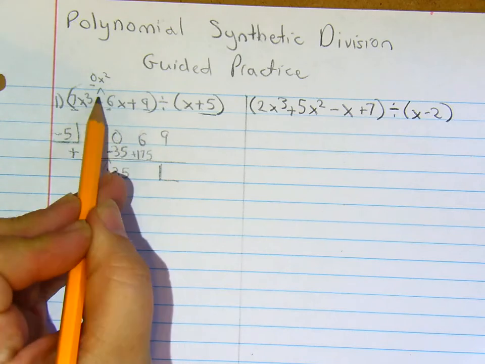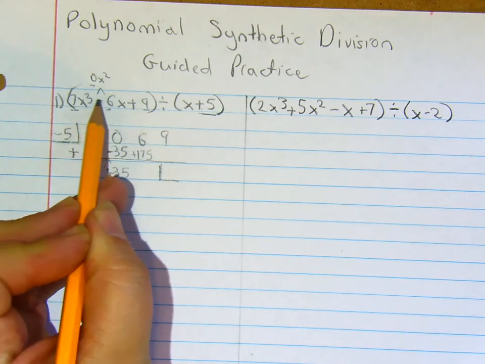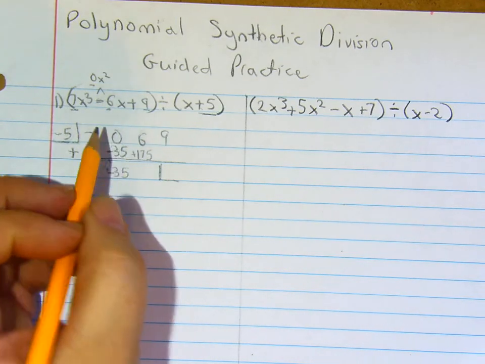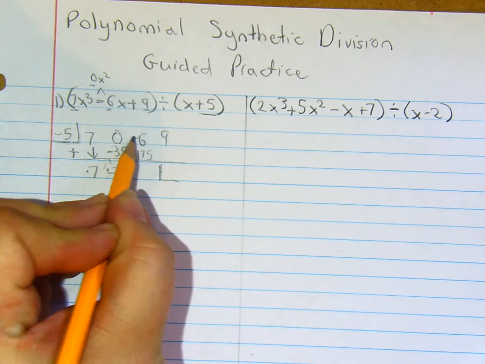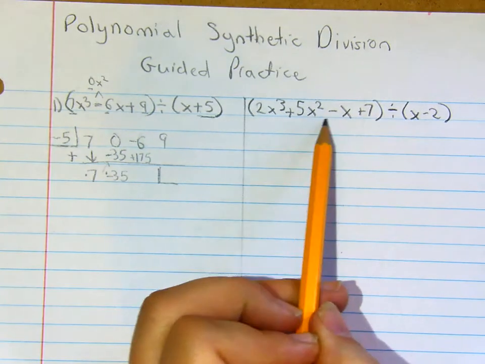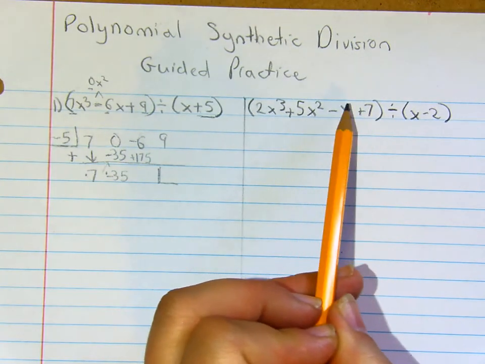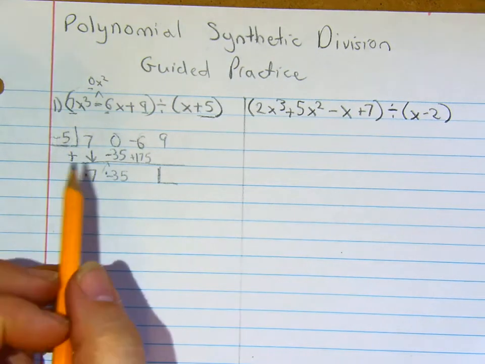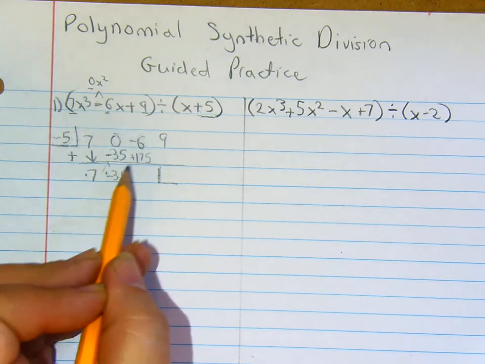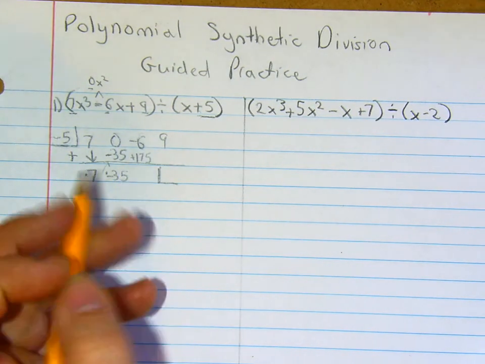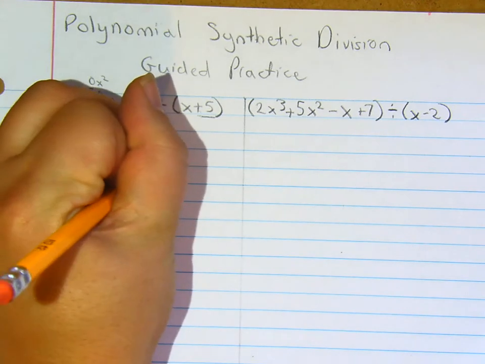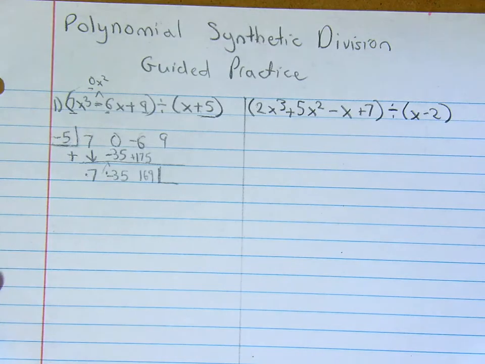Now here's an important component to have here. This isn't just 6. This is actually a negative 6. So make sure that you have this be a negative 1 in this situation. So I'm actually technically subtracting. And I'm going to get 169.